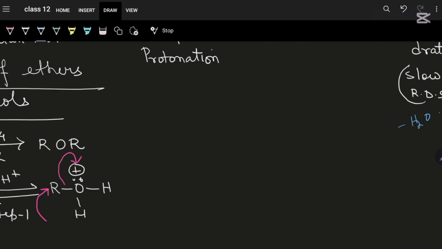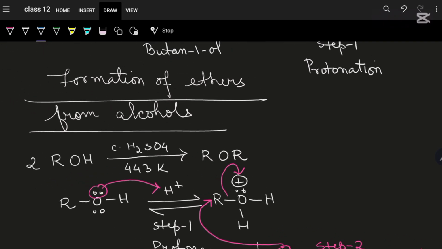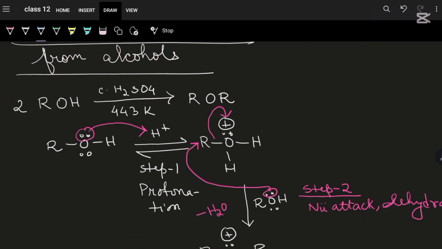So next we can go to the next mechanism, formation of ethers from alcohol. Now alcohol dehydration gives alkene. We have seen that occurs at a temperature of say 443 Kelvin, and here at 413 Kelvin we get ether.